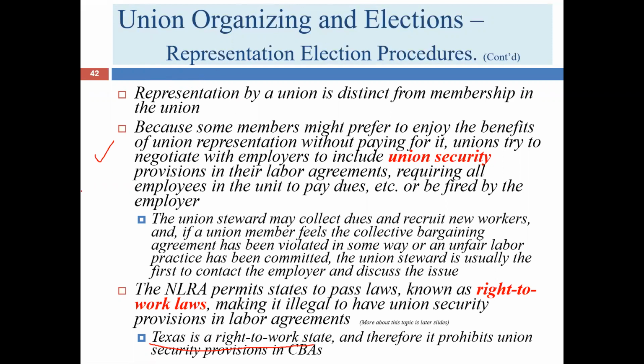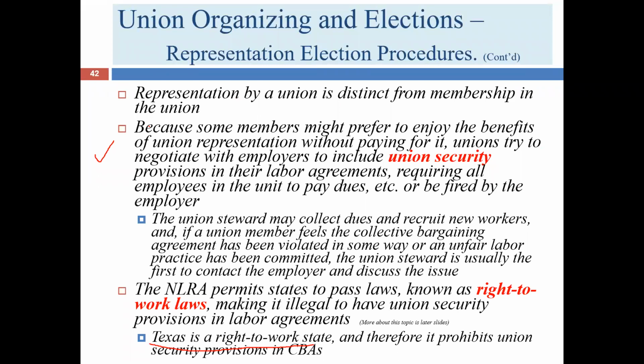They prefer to organize in states where they can require people join, because after all, unions have expenses. They've got to keep the lights on in their buildings. They've got to have staff, secretaries, business agents, other people who organize workers, who negotiate the contracts, who have the expertise. Those cost money. And so, if they don't have people paying, they aren't going to continue to exist as an organization.